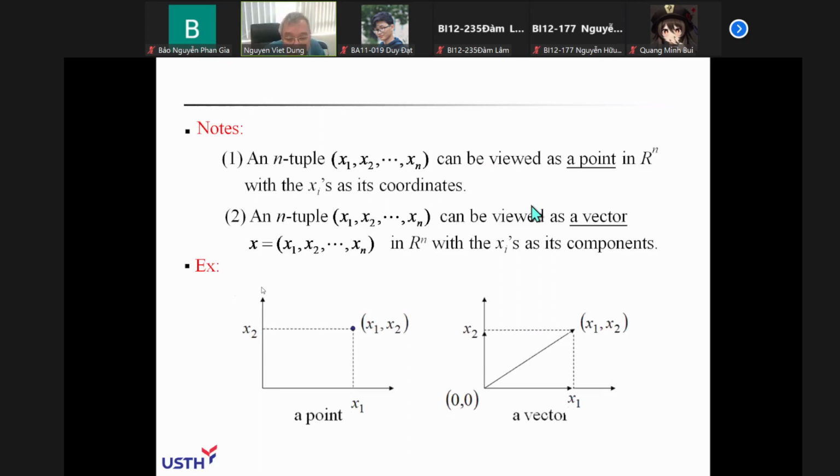In the other way, you can consider x1, x2 to be the vector going from the origin to that point. It has two components. The first component is here, the second component is there. Again, I denote x1 and x2 as components. So we have two ways to consider an n-tuple in the n space.